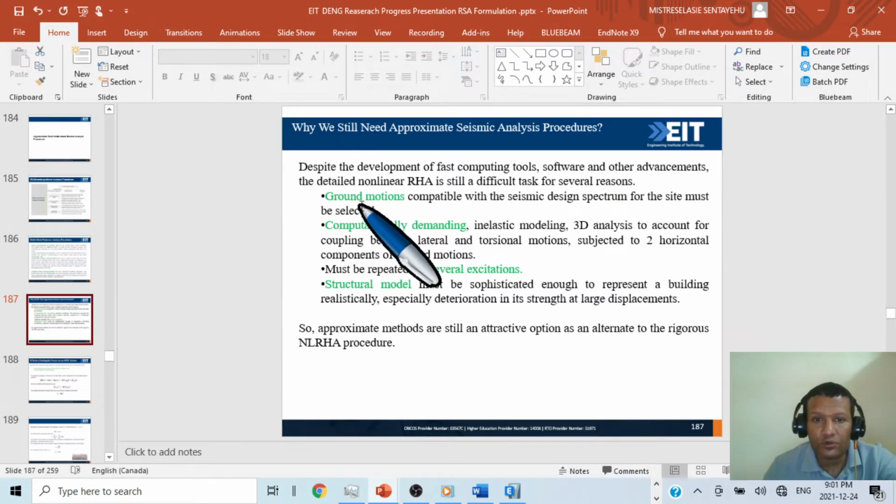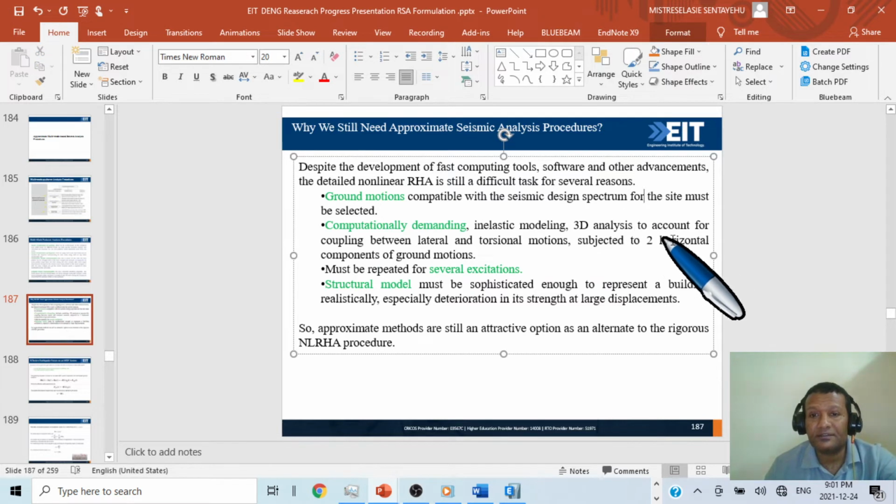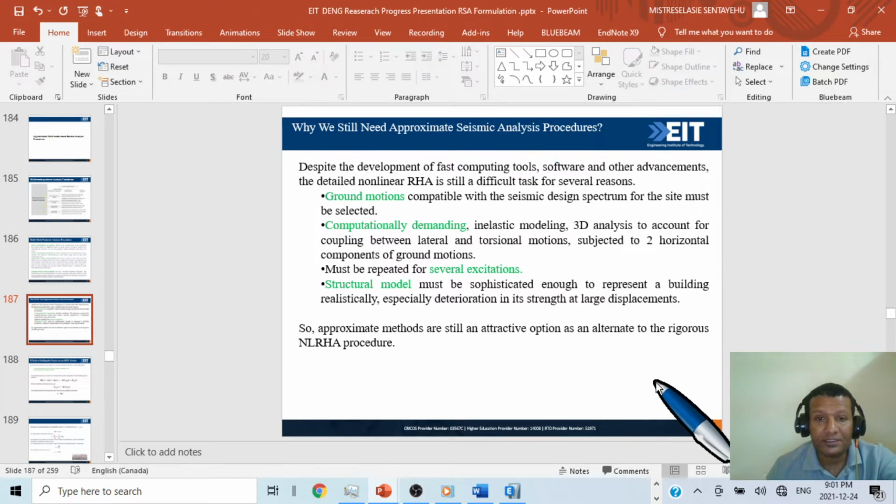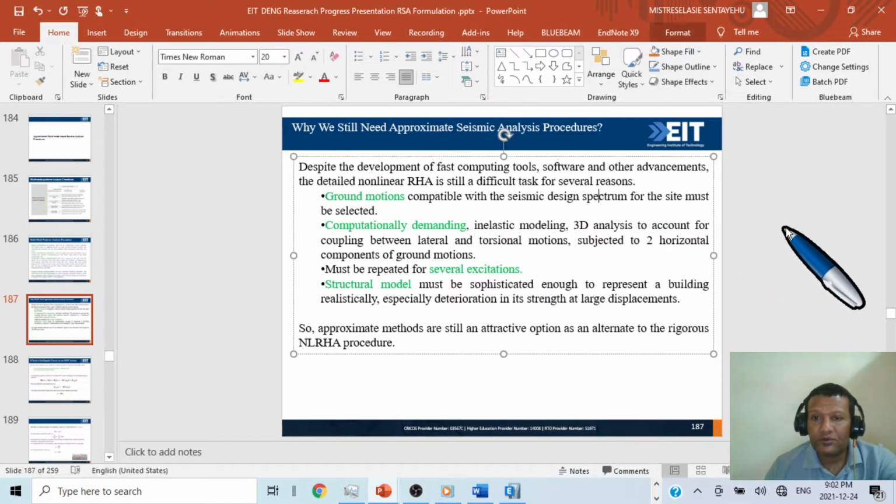The first one is ground motion. In the first class, for linear time history analysis, we discussed how to extract, modify, scale and model it, everything. So that is one part. Finding ground motion compatible with the seismic design spectrum is very difficult.